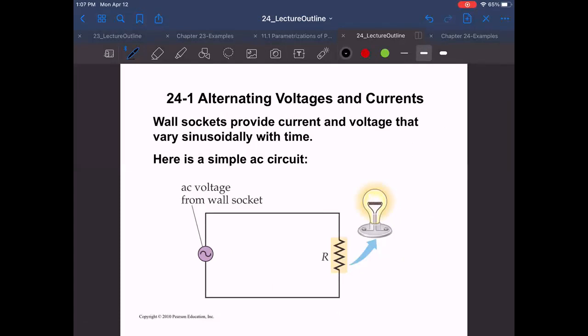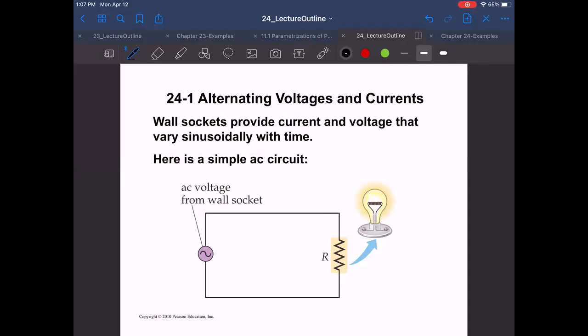Here we can have something very simple. An example is just a wall outlet, a 120 volt alternating current circuit, and it provides current and voltage that vary sinusoidally. So we can describe this with sine functions, which should make sense because, as we talked about before, things going in circular motion are described by sinusoidal functions.